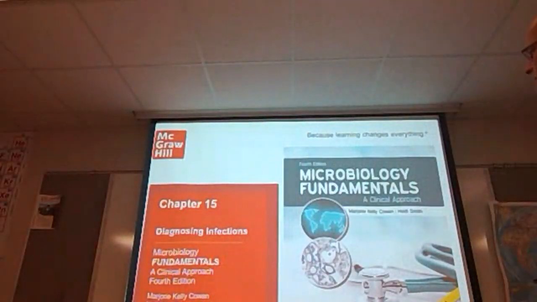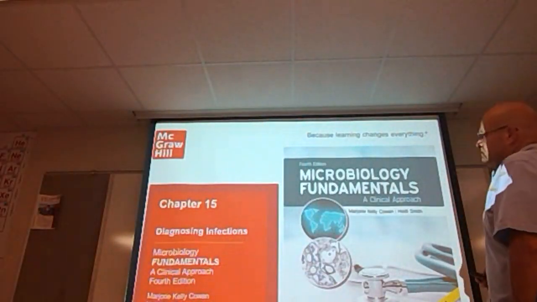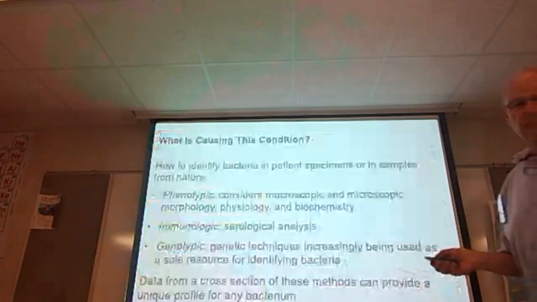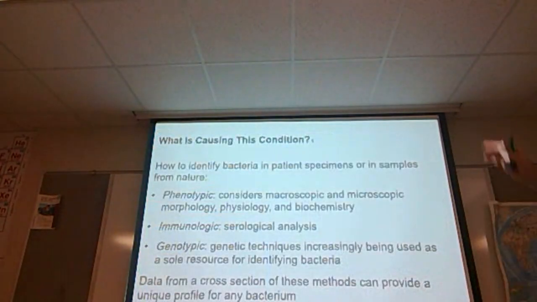All right, so let's talk a little bit today about diagnosing infections, chapter 15 in your text. So, what causes a condition? There are several ways that you can use to identify bacteria in a patient's specimens or in samples from nature. One method would be the phenotypic type of method.